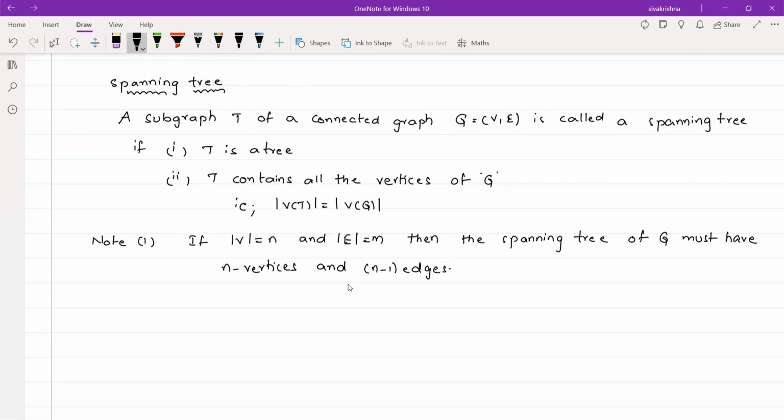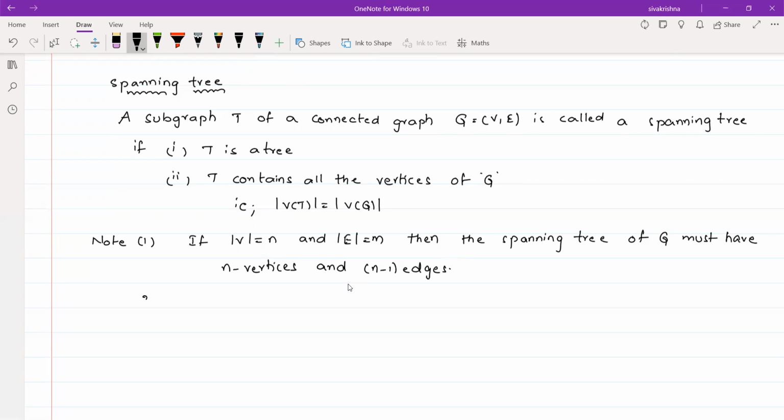So the first point tells us that if G is a connected graph with n vertices and m edges, then the resulting spanning tree must contain n vertices and n minus 1 edges. Okay, n minus 1 edges, right?